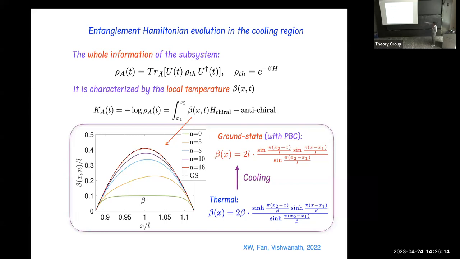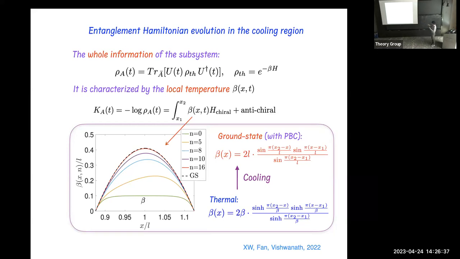The whole information of the subsystem A is contained in this reduced density matrix rho A. We know that the reduced density matrix can be equivalently expressed as the entanglement Hamiltonian, which is defined as the minus log of the reduced density matrix.